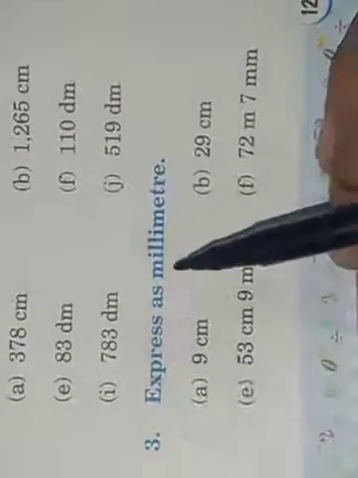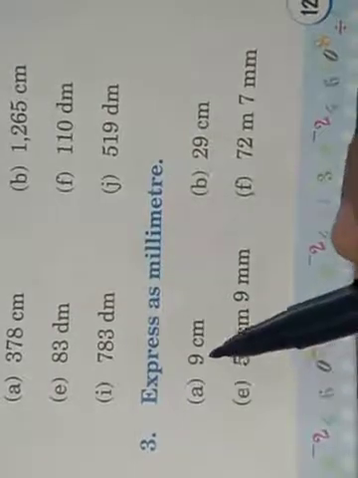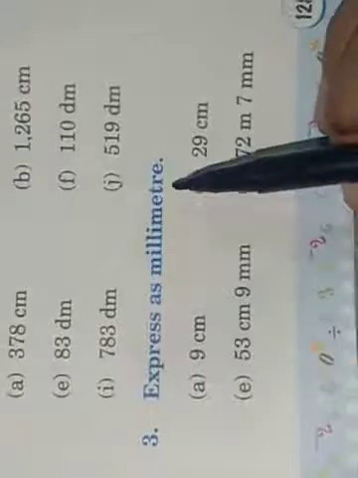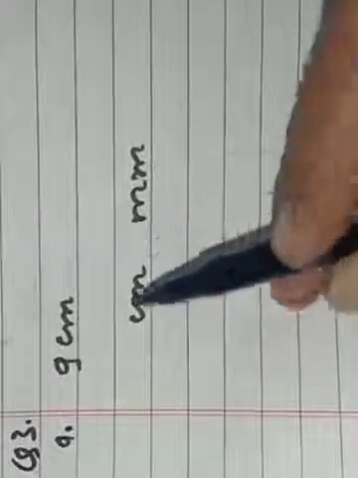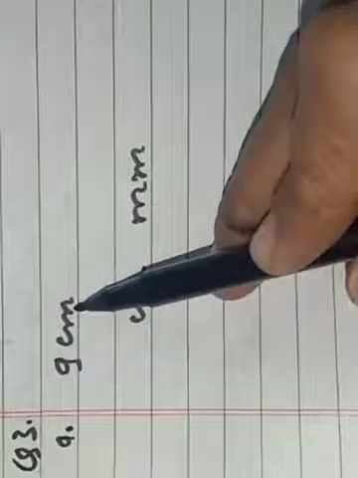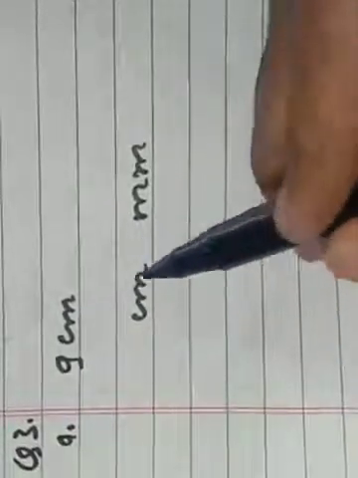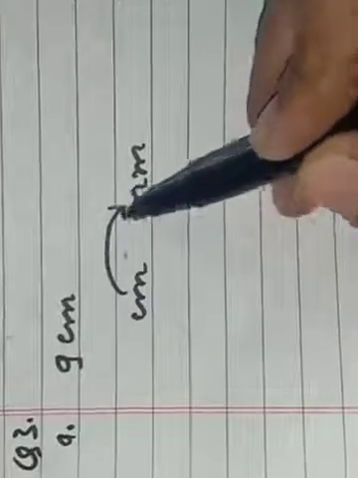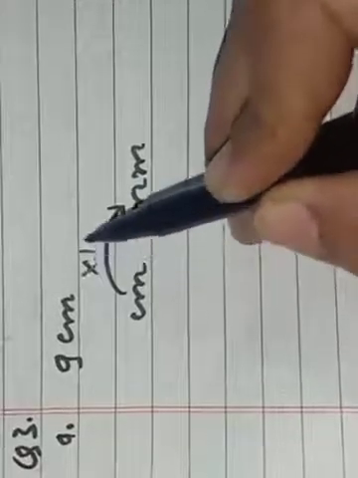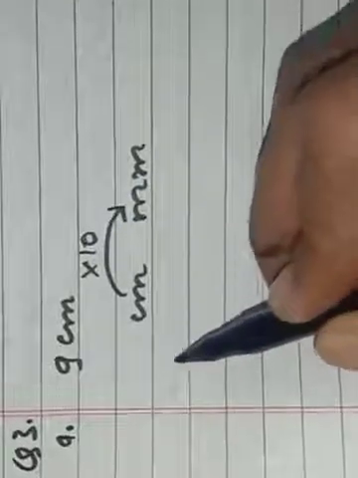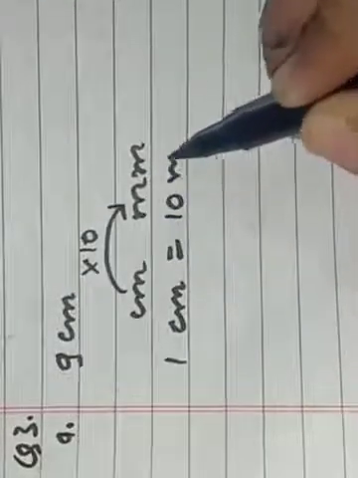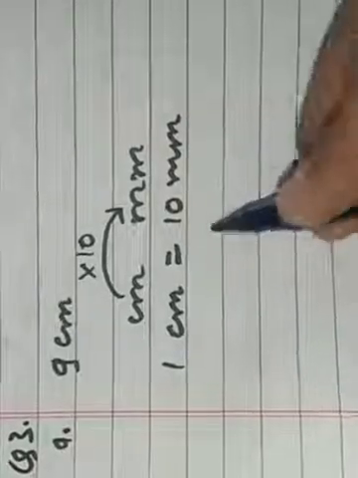Question number 3, express as millimeter. A 9 cm. We have to convert 9 cm in millimeter. Okay, so let's start. First of all, count the places. We moved 1 place. Therefore 1 cm is equal to 10 millimeter.